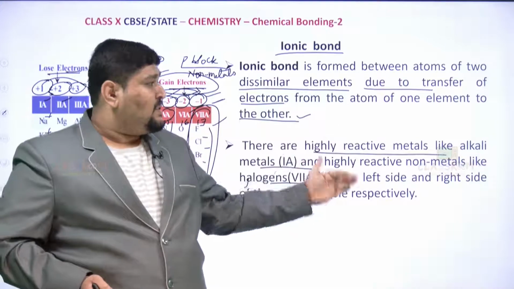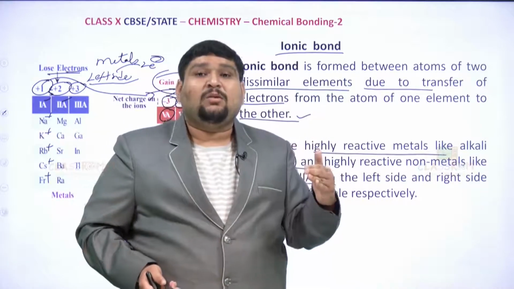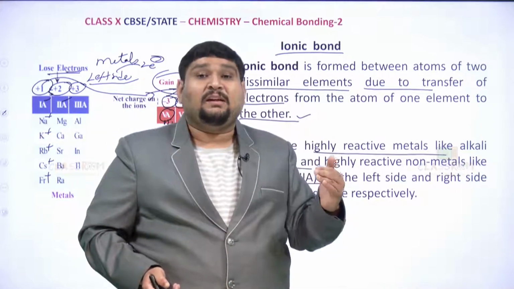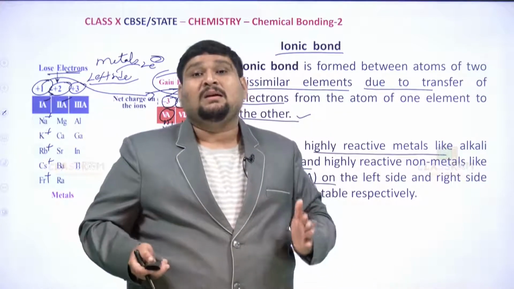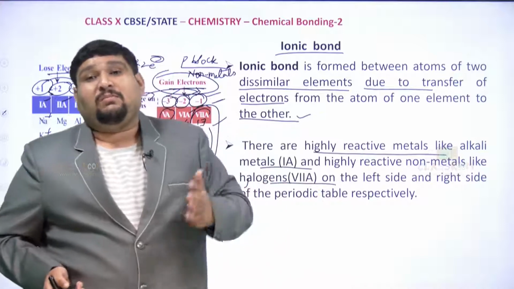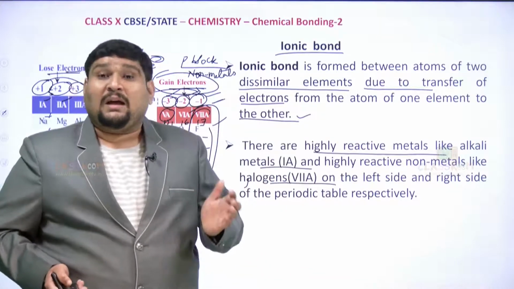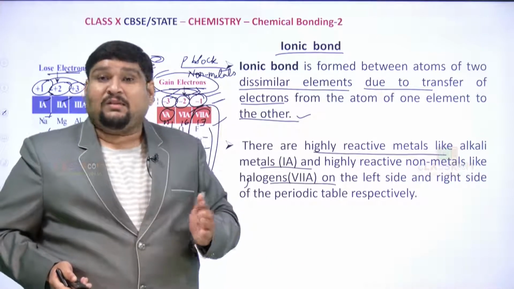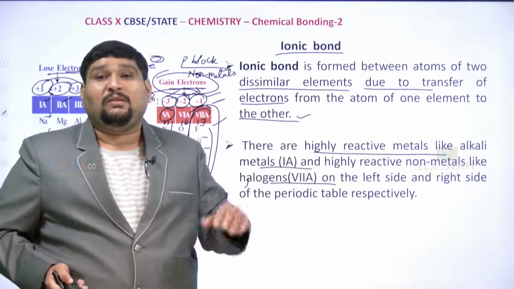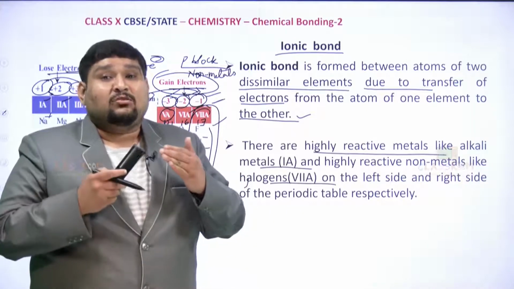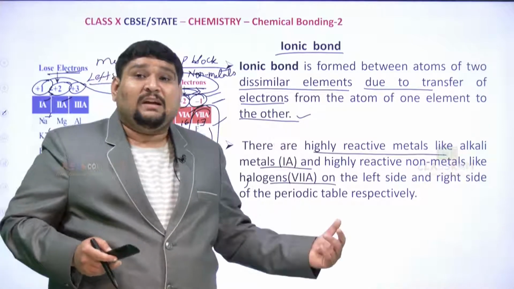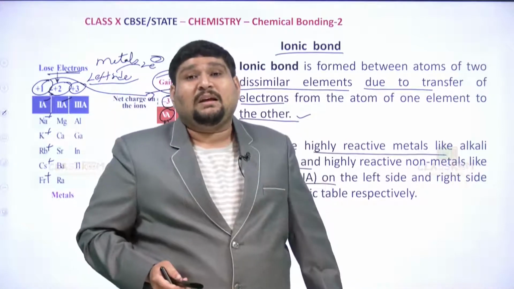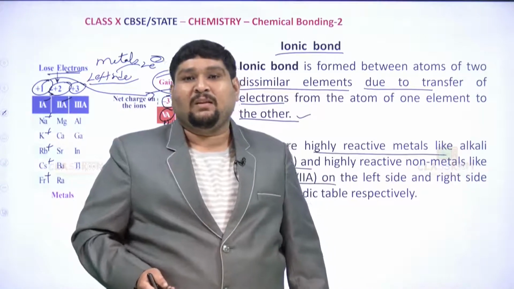But when you go to ionic bond formation, you should compulsorily see a transfer of electrons, with dissimilar elements, one being highly electropositive and one highly electronegative, and gaining and losing of electrons takes place so that the atom becomes stable and electrically neutral by attaining that bond, and that bond we call an ionic bond here.